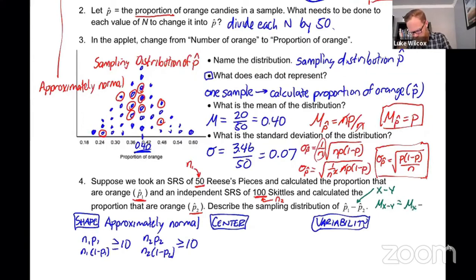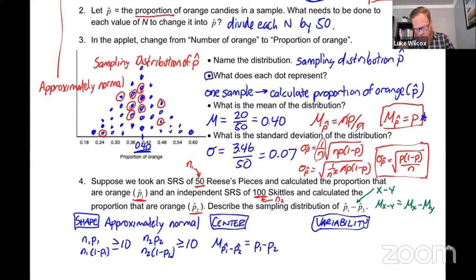You just take the mean of x minus the mean of y. So that means for us, if we want to get the mean of p1 hat minus p2 hat, we just need to take the mean of each one of those distributions and subtract. And we know from above that the mean is just the true proportion. So we have the true proportion for the first population minus the true proportion for the second population. And there is our formula for the mean of the sampling distribution of p1 hat minus p2 hat.